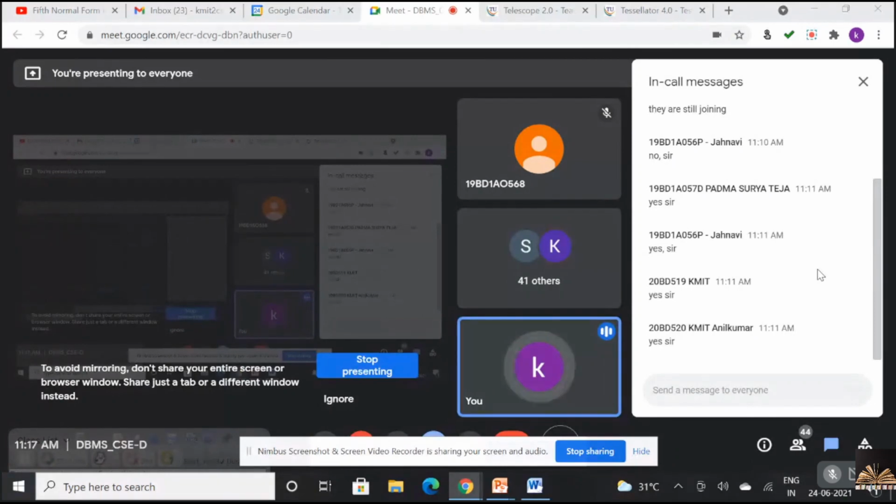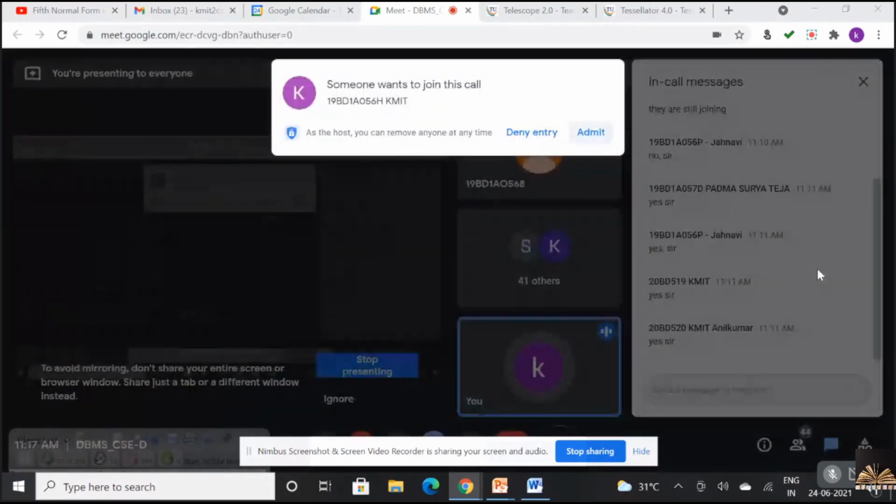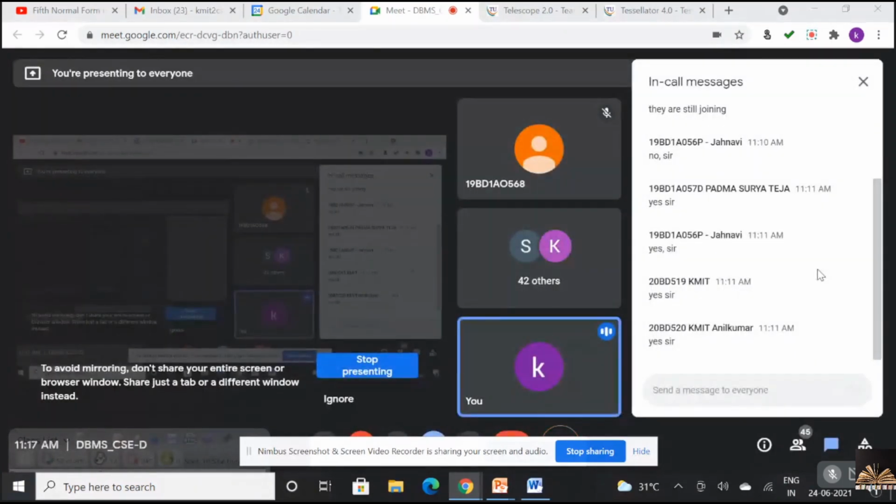So the relation should be in BCNF, Boyce Codd normal form, and there should be no multi-value dependency when I'm talking about 4NF. The last one would be 5NF, fifth normal form. Whenever a relation has to be in 5NF, it should be in 4NF, meaning it should satisfy all the properties of 1, 2, 3, 3.5, and 4.